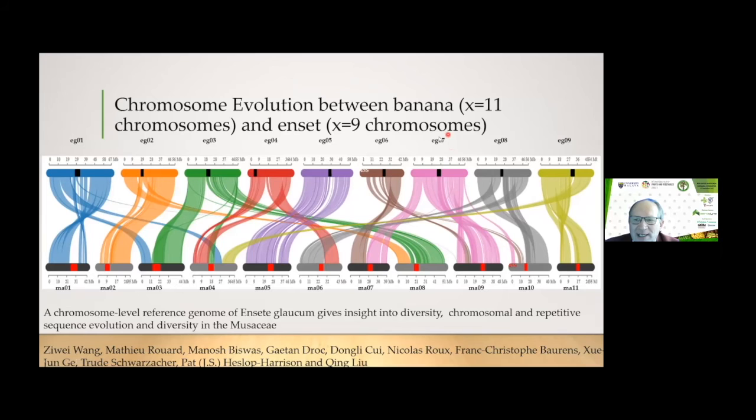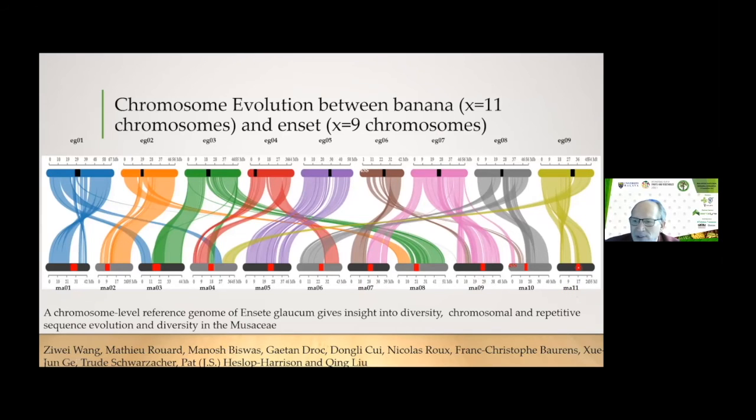So Ensete glaucum has most of chromosome 9 of Musa acuminata and half of Musa chromosome 7.